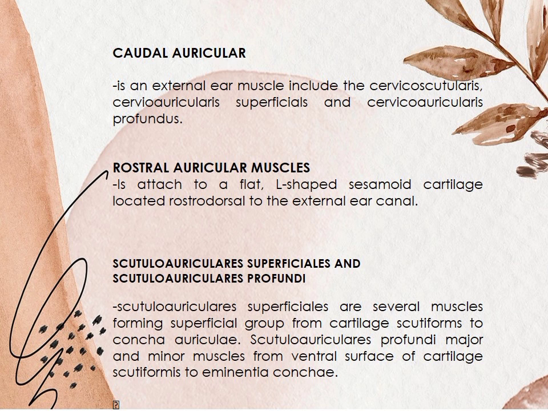Scutulo-auricularis superficialis are several muscles forming a superficial group from cartilage scutiformis to concha auriculae, while the scutulo-auricularis profundi, major and minor, are muscles from the ventral surface of cartilage scutiformis to eminentia conchae.